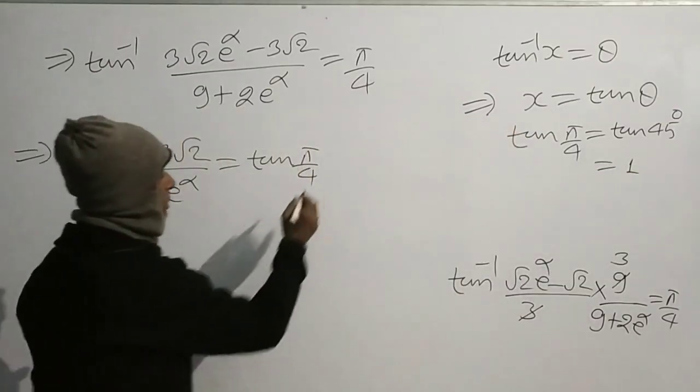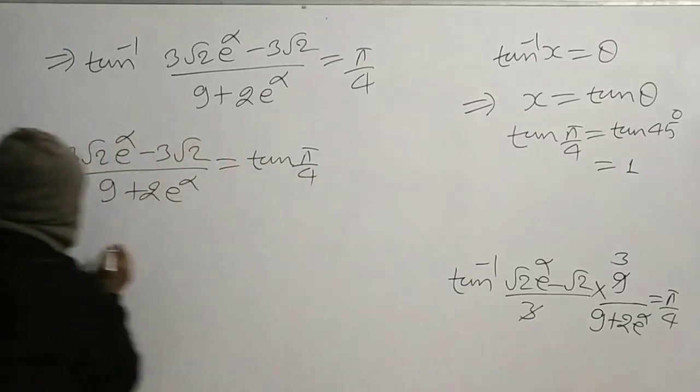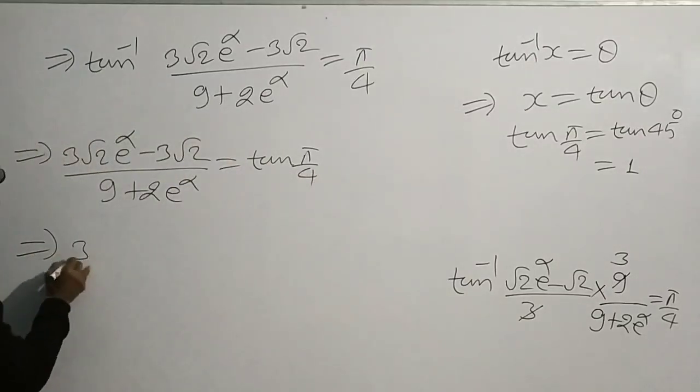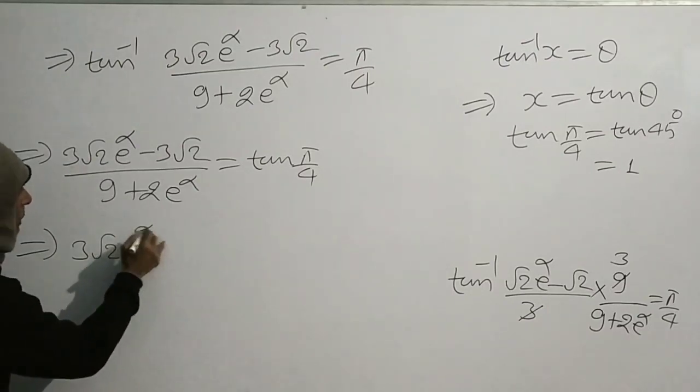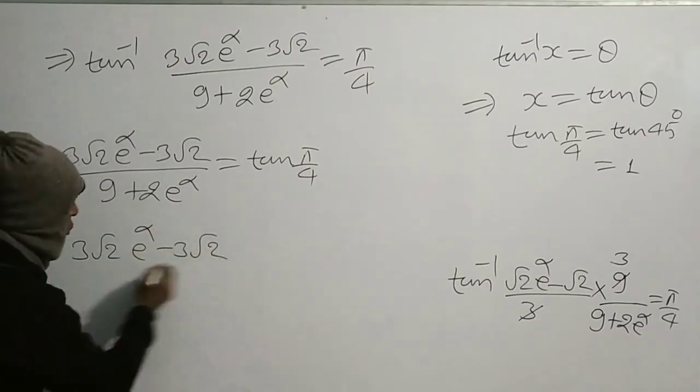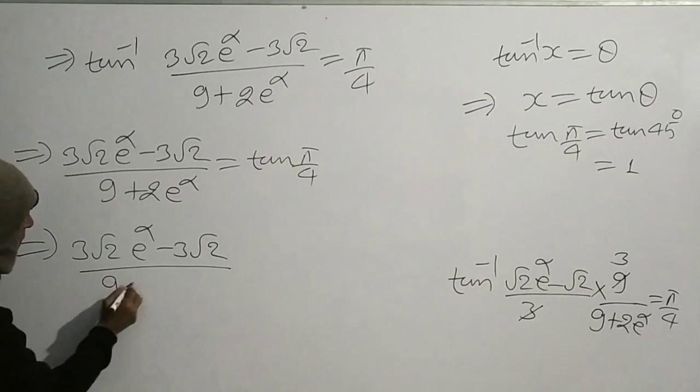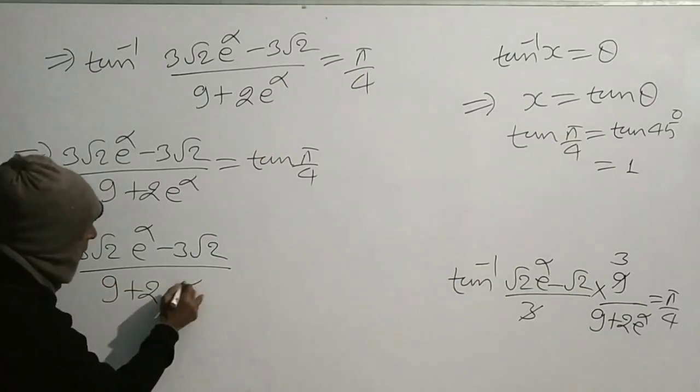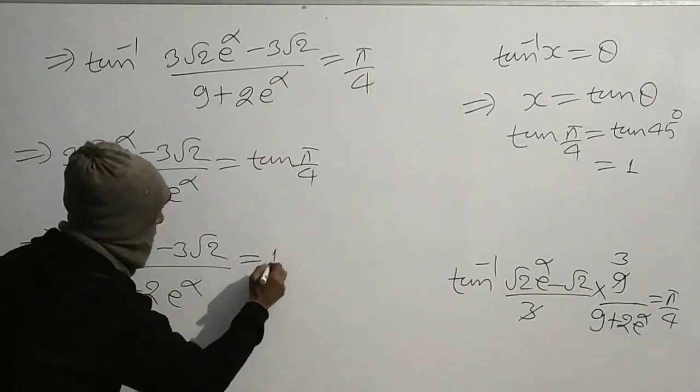Therefore, this will be equal to 1. That means 3 root 2 e to the power alpha minus 3 root 2 by 9 plus 2 e to the power alpha is equal to 1.